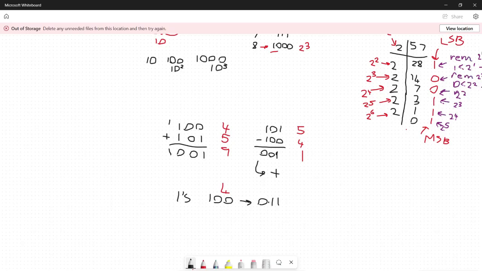So the 1s become 0s and the 0s become 1s.